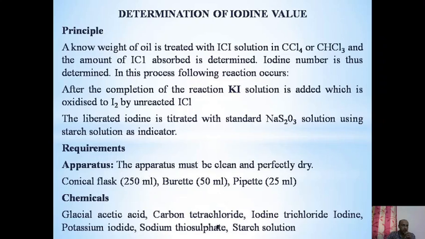For example, when an unsaturated alkene R-CH=CH-R' is treated with iodine, it will give a saturated alkane, that is R-CHI-CHI-R', where R and R' are different alkyl groups.